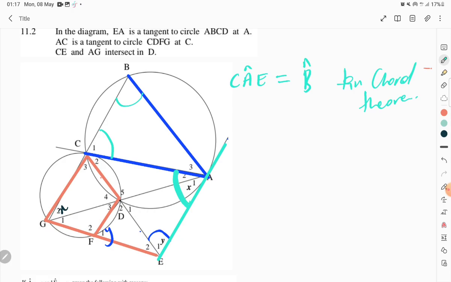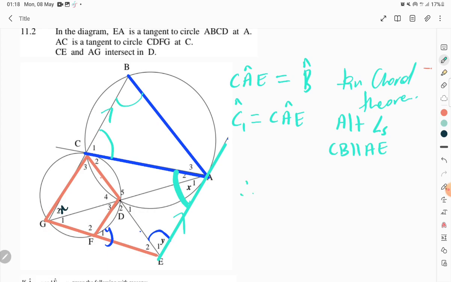Because this line is parallel to that line, so these alternate angles have to be equal. So C1 is now equal to angle CAE, reason: alternate angles, because CB is parallel to AE, right?